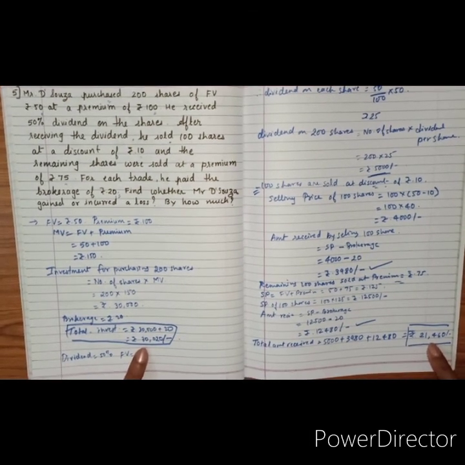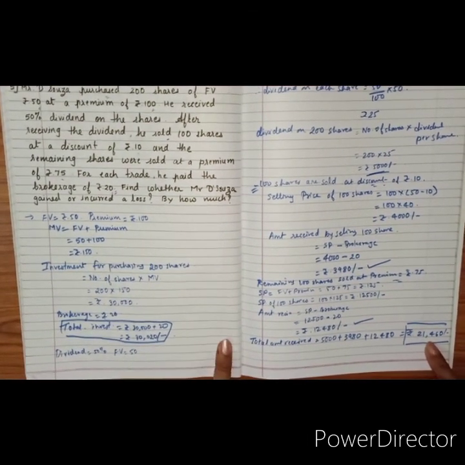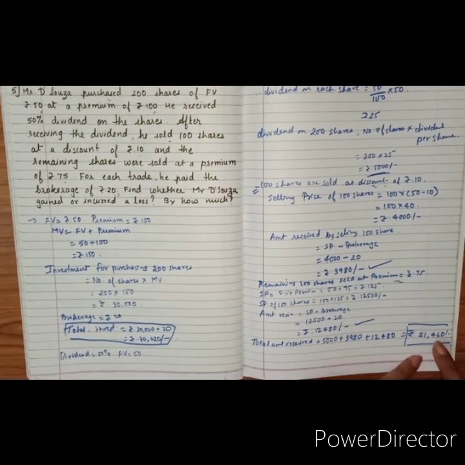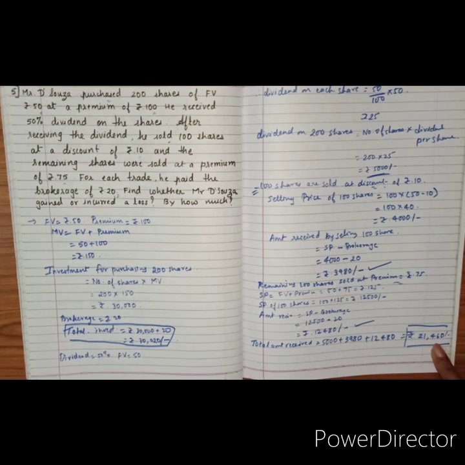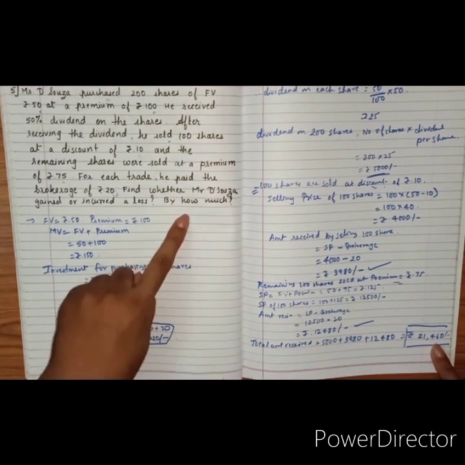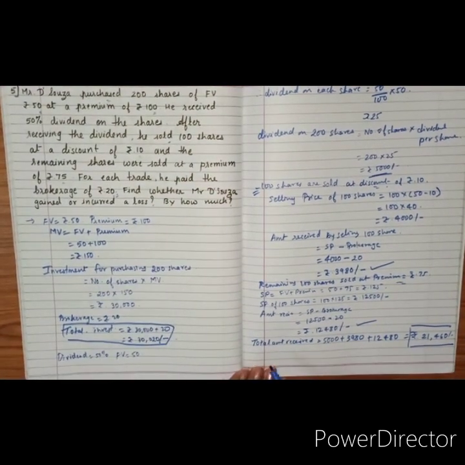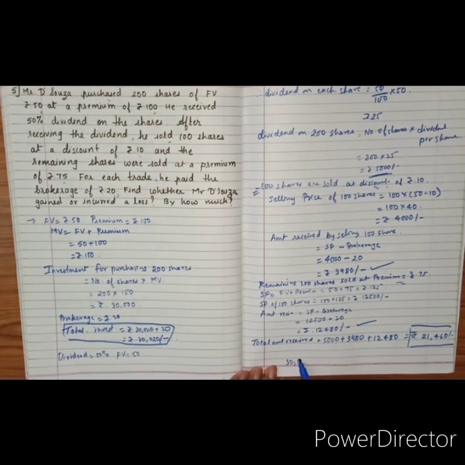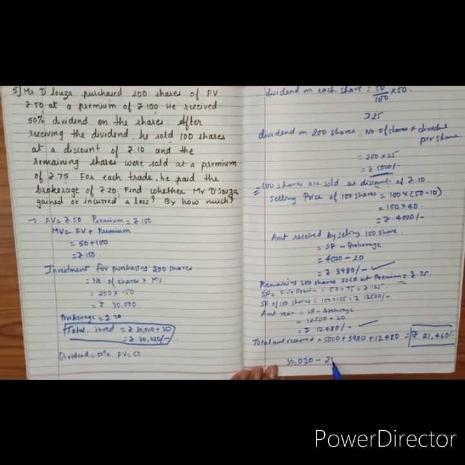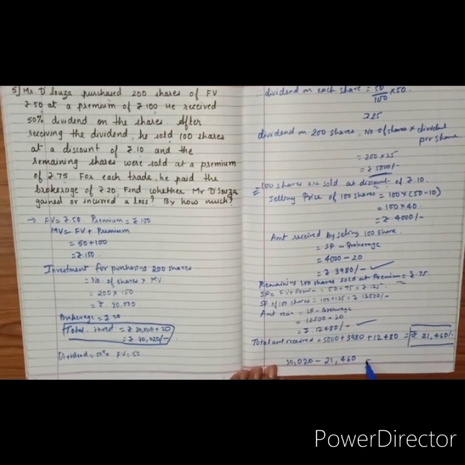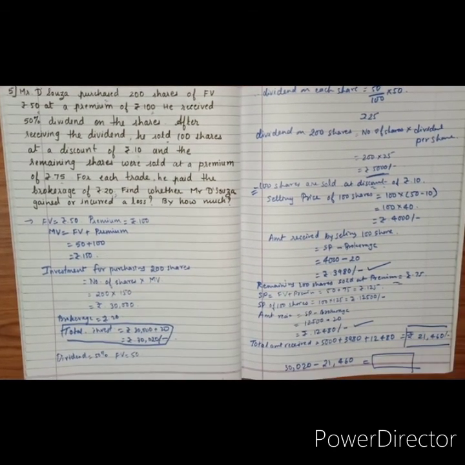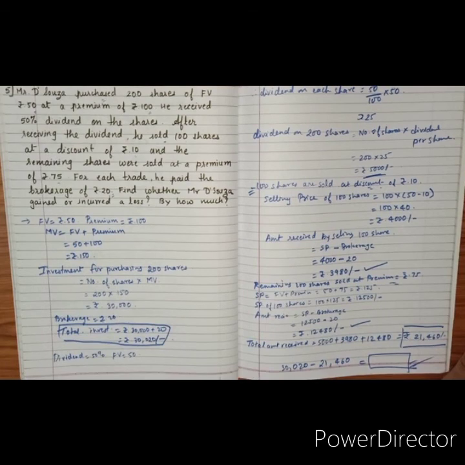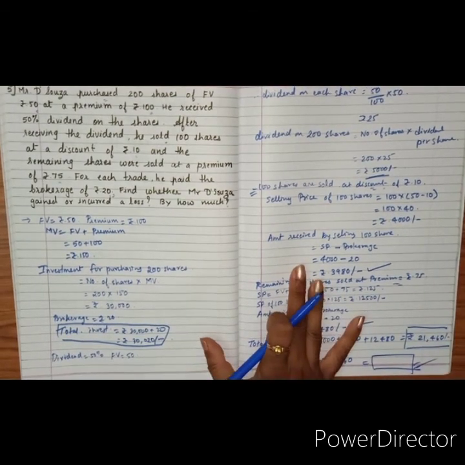Yes, the person is in loss because he invested this much but received only 21,460. And by how much will you calculate? It is 30,020 rupees minus 21,460. Whatever your answer is, that is how much he has suffered a loss. I think you can calculate this much. I hope you have understood this.